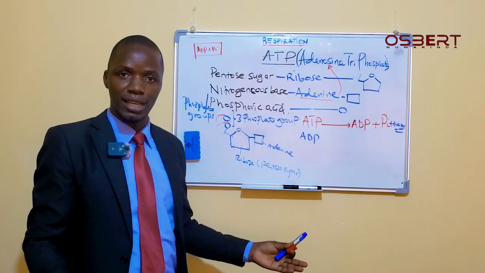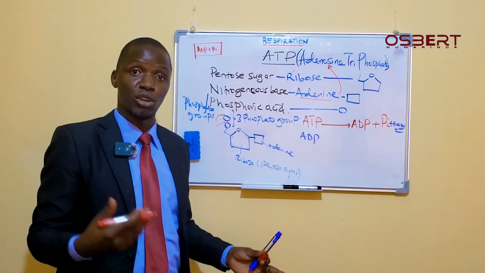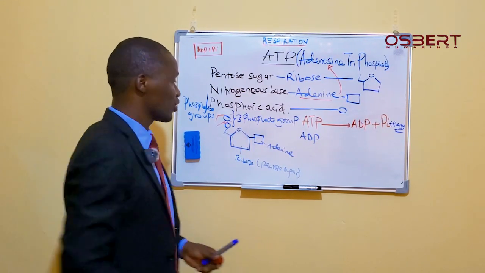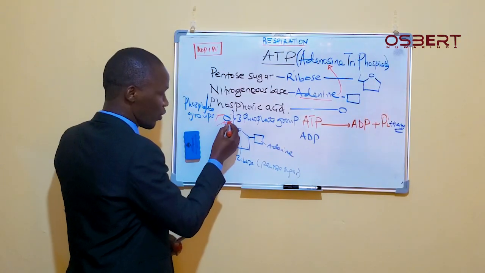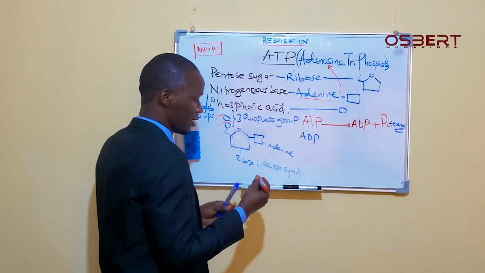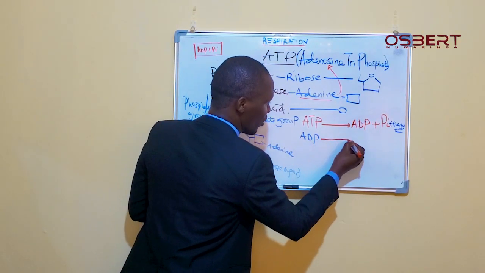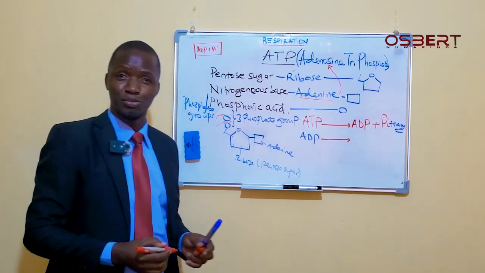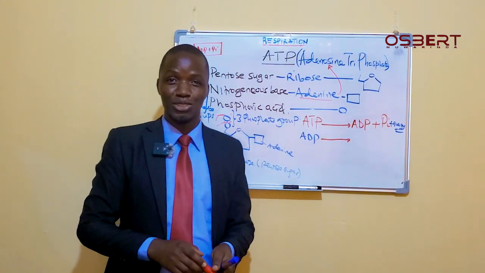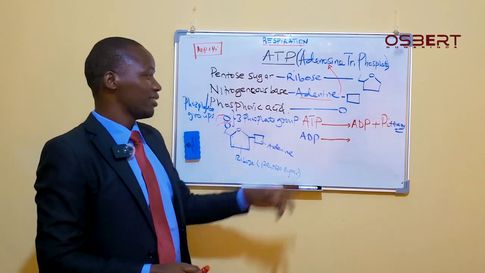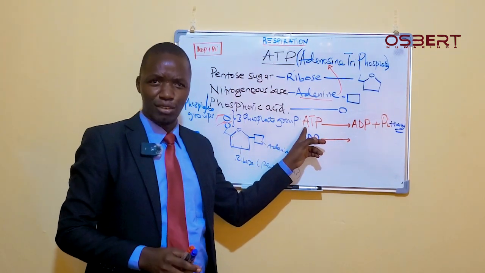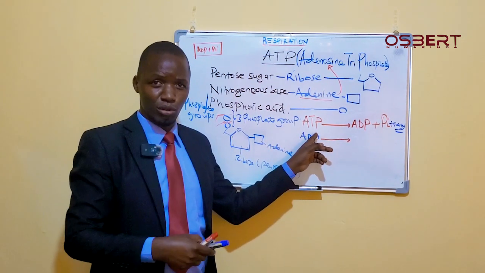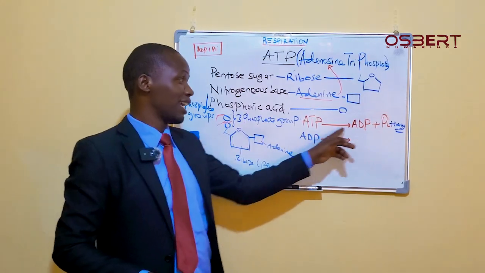Whenever bonds break, energy is released. That one I already told you about in the previous video. So when this bond breaks down, it means our ADP will break down. And when it breaks down, what will it form? I think you think with me. We had ATP, triphosphate. After breaking down, it formed ADP.